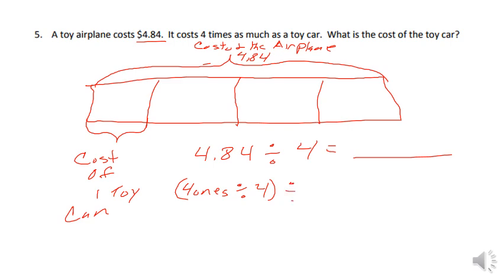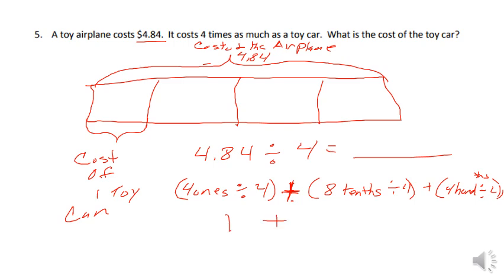I could do this a couple different ways, but I'm going to do it the easiest way. And now I have 8 tenths divided by 4 plus, and I don't know why I put a division sign there, that's got to be a plus sign, plus 4/100 divided by 4. So now when I look at this, I go 4 ones divided by 4 is going to give me 1. 1 plus 8/10 divided by 4.